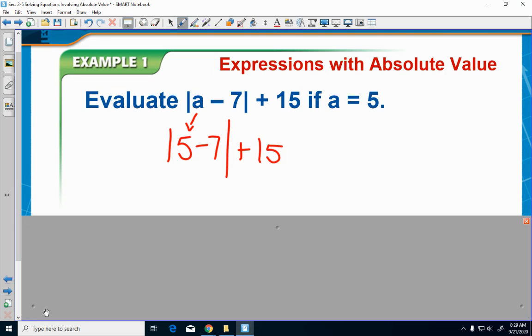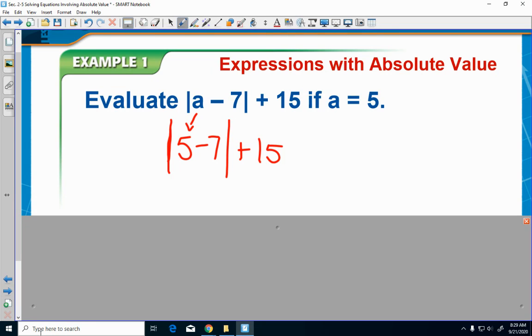Now, look how poorly I wrote my two absolute values. The one on the right is more the way it should look. Be careful that you don't turn that into a 15. I would really tell you to exaggerate that a little bit.